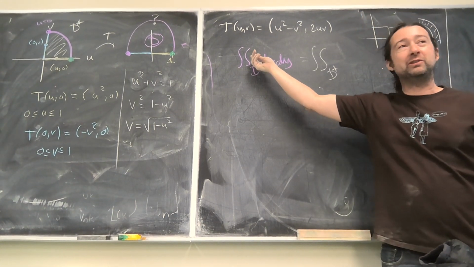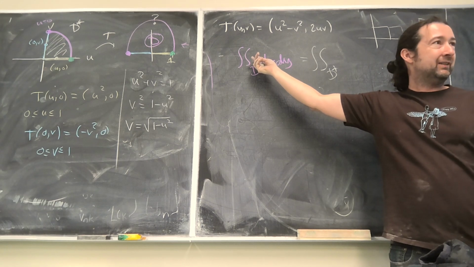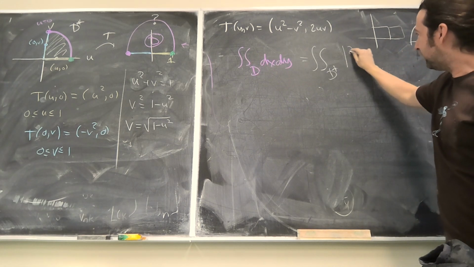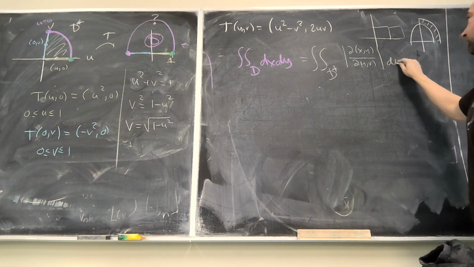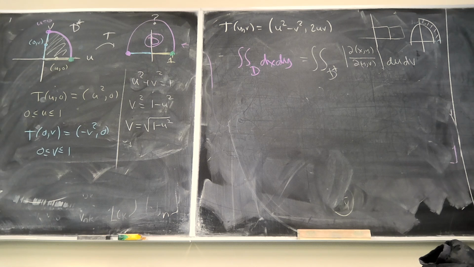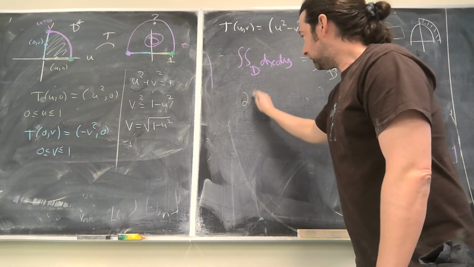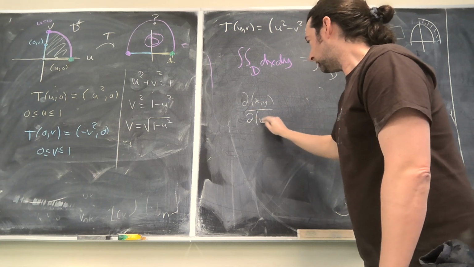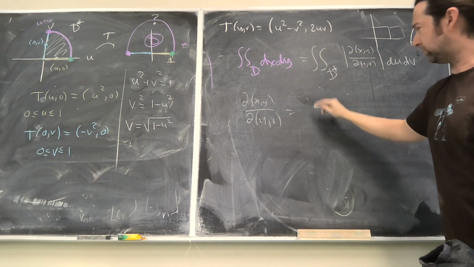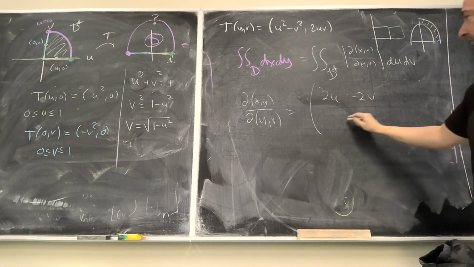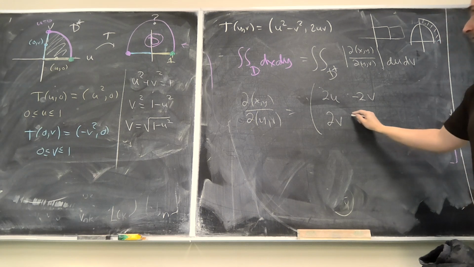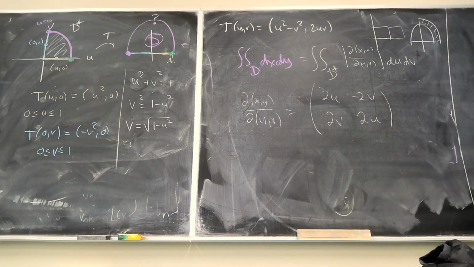Notice there's not even a function to substitute x's and y's into. So all I have to do is figure out this, and integrate that instead. Okay, so let's do it. The matrix of derivatives of (x, y) with respect to (u, v) is 2u, minus 2v, 2v, 2u.